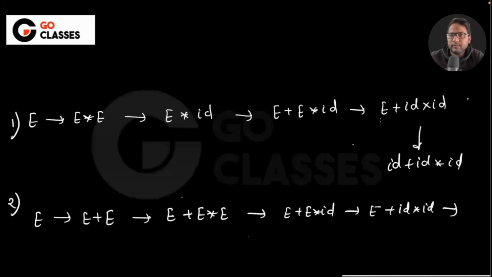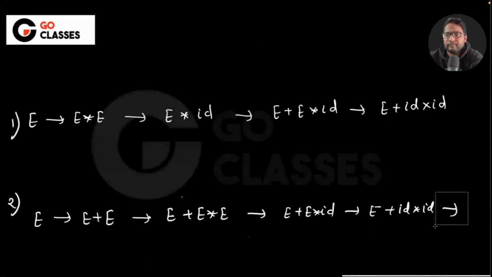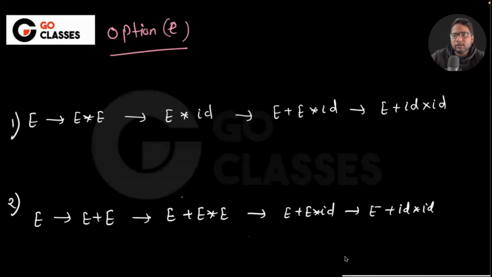They are saying E plus ID into ID. In this, can you tell me the handles?